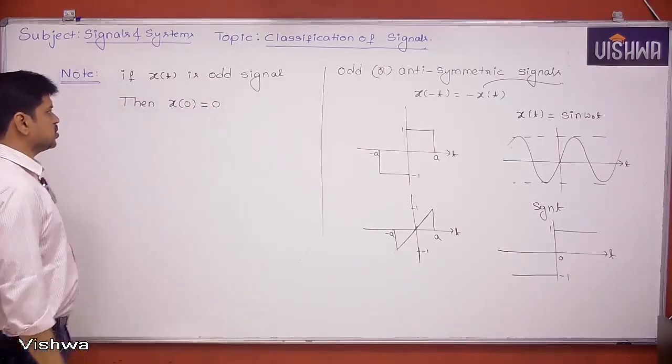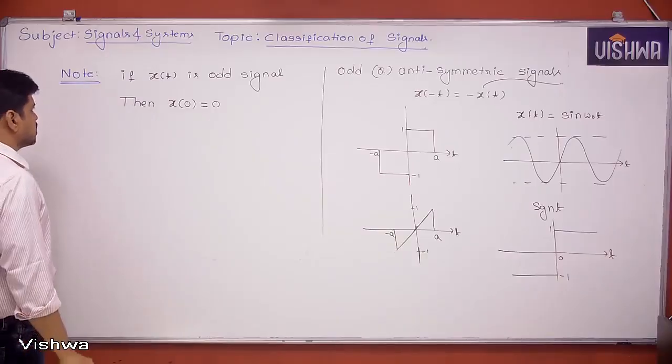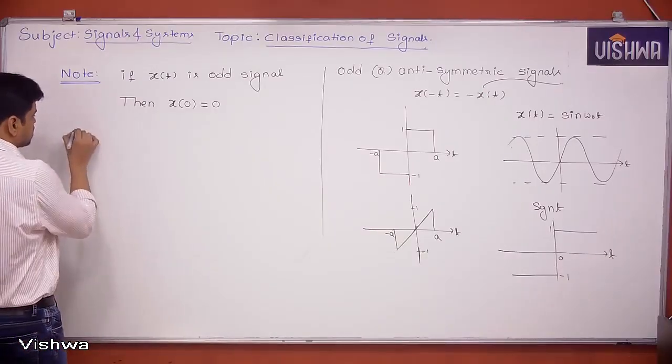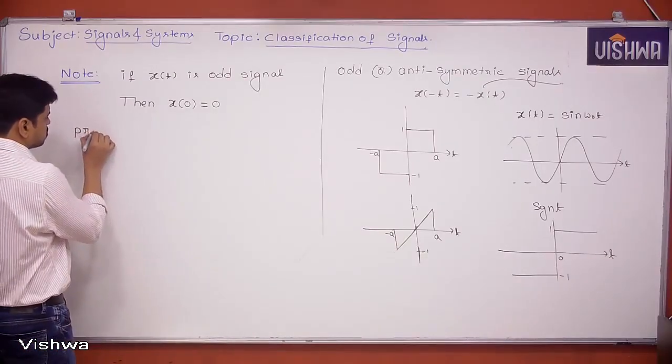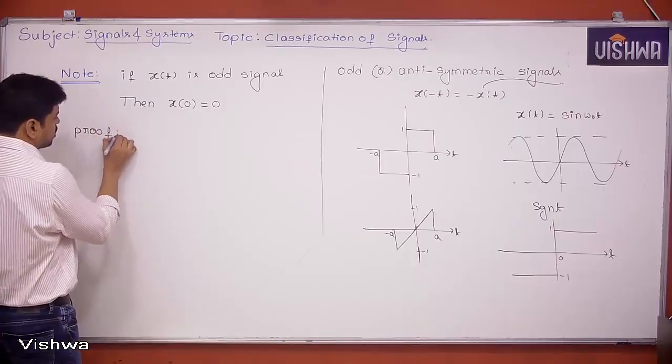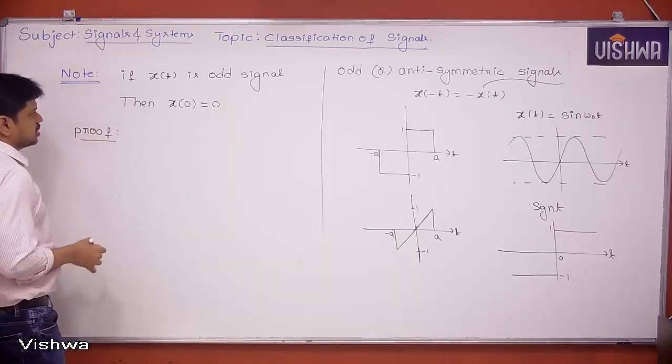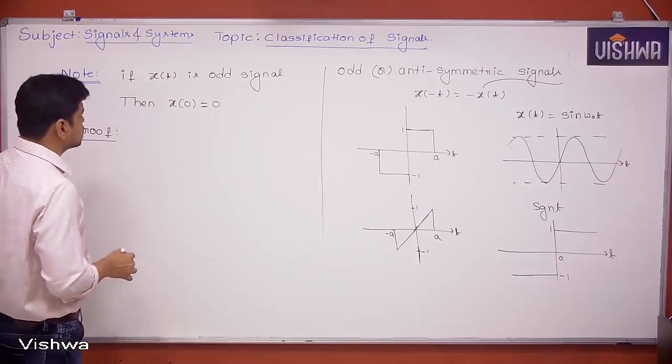X of 0 is equal to 0. Let's see, just a small proof only. Don't expect proof for everything. For this it is a small proof, that's why I am giving.